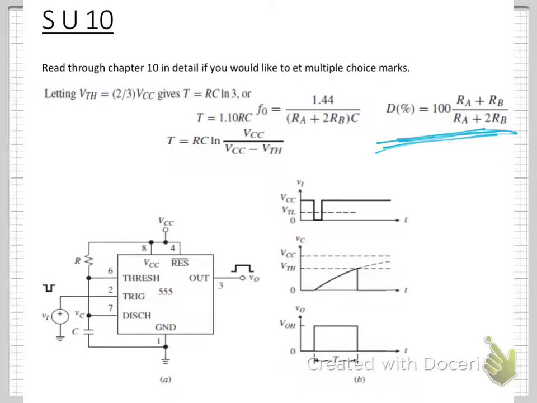So when you're asked in the exam if you can get the duty cycle less than 50%, say that you can't, because it does not state how to do that in the book.